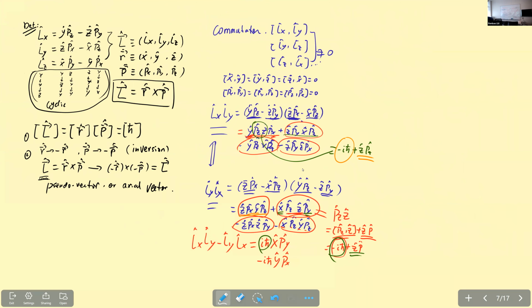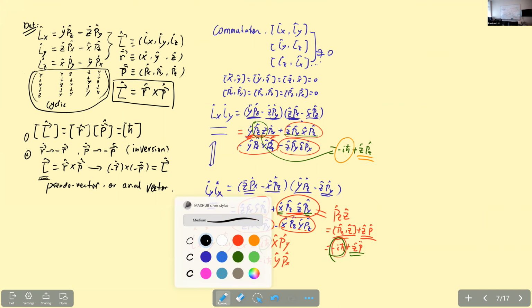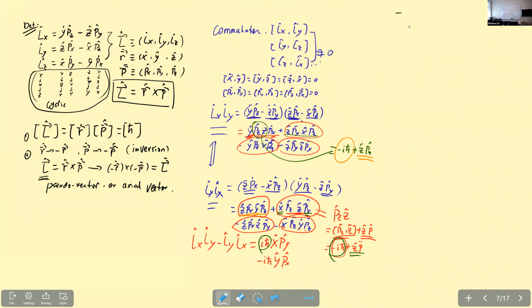But anyway, the result is very nice. So the commutator of Lx and Ly just equals I h bar (X Py minus Y Px). Okay. And if you look at this one, this is just the definition of the z component. Okay. Right. It's just this one. So that equals I h bar Lz.